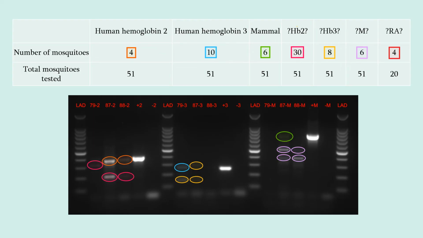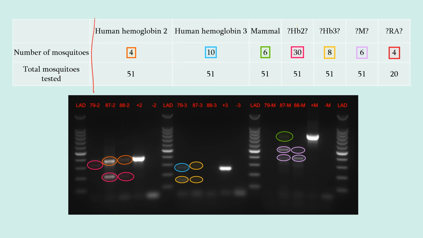4 mosquitoes that were tested matched the human hemoglobin 2 control, and 10 mosquitoes matched the human hemoglobin 3 control. So these mosquitoes, we can say, have probably fed from a human at some point. 6 mosquitoes matched the mammalian cytochrome C control, so these mosquitoes probably fed from a mammal at some point.